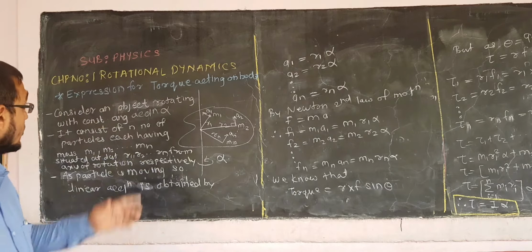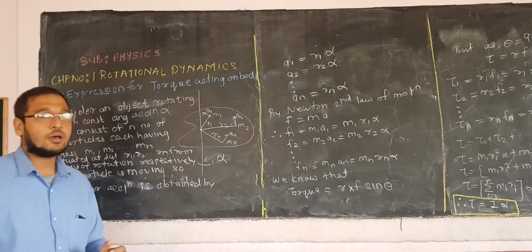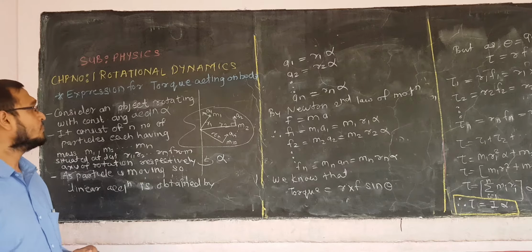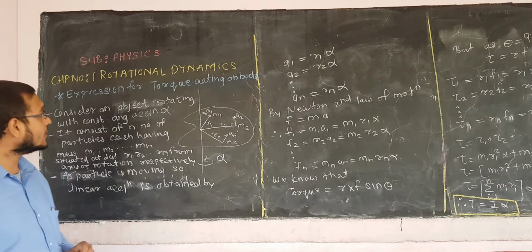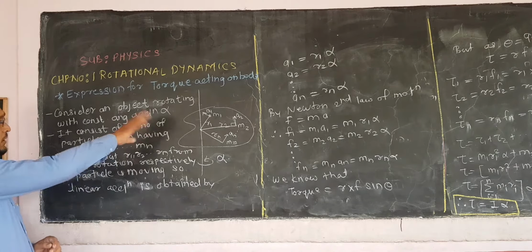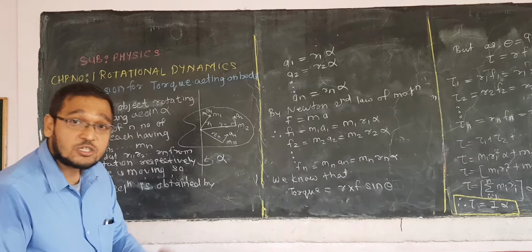Now we are going to derive the expression for torque. Again we have to consider the same figure, only with slight changes. Consider a body having n number of particles on it, and the body is moving with constant angular acceleration alpha.